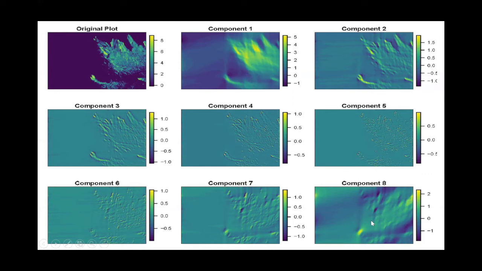So that's why it's a little smooth. But that doesn't really pose much of a problem. Now, the good thing about this decomposition is that it's exactly like light. If you combine all of this together, you get back the original plot.